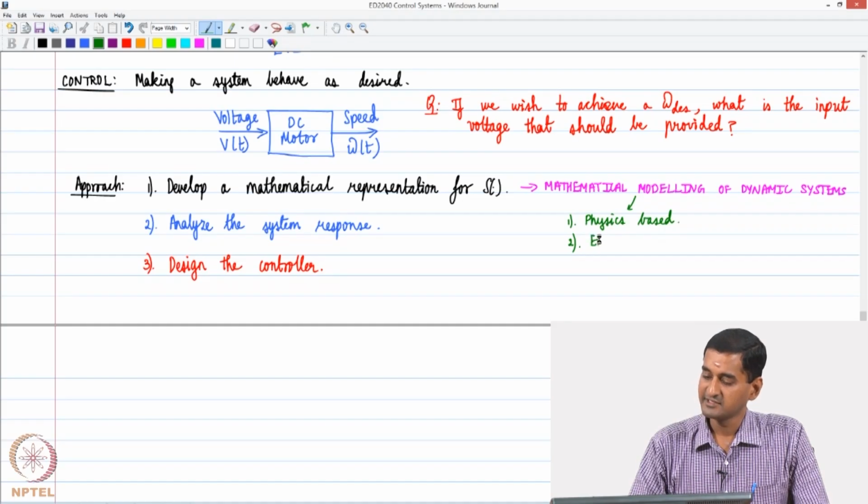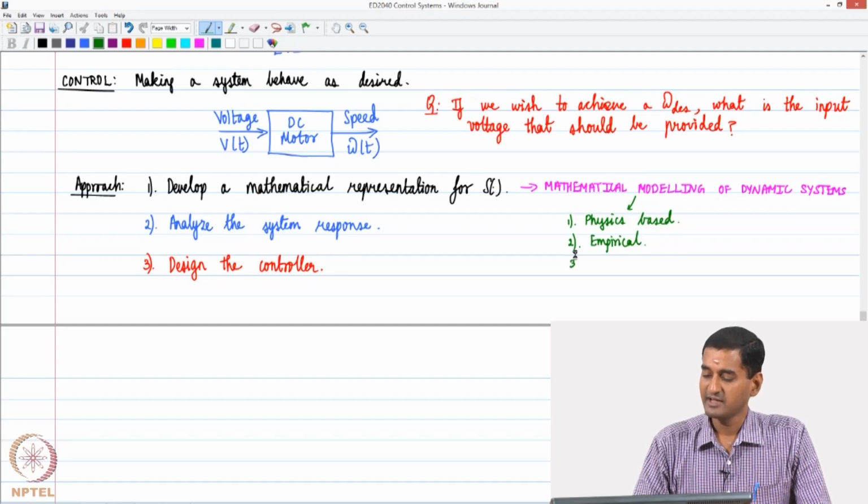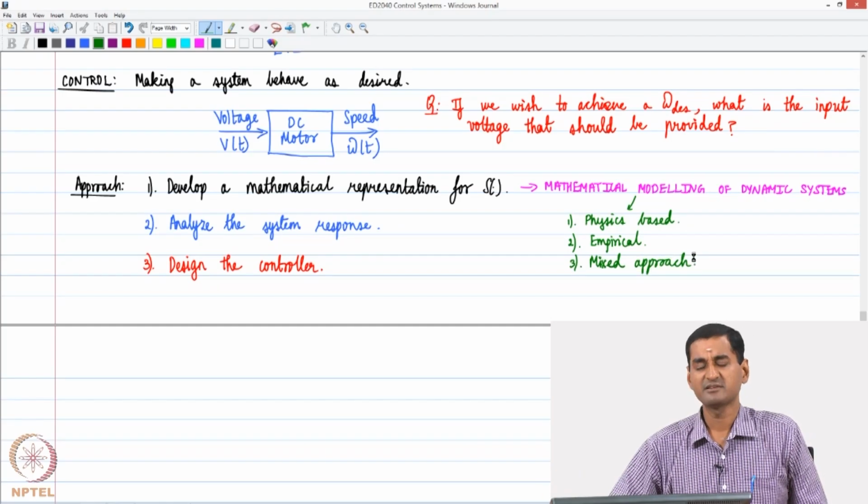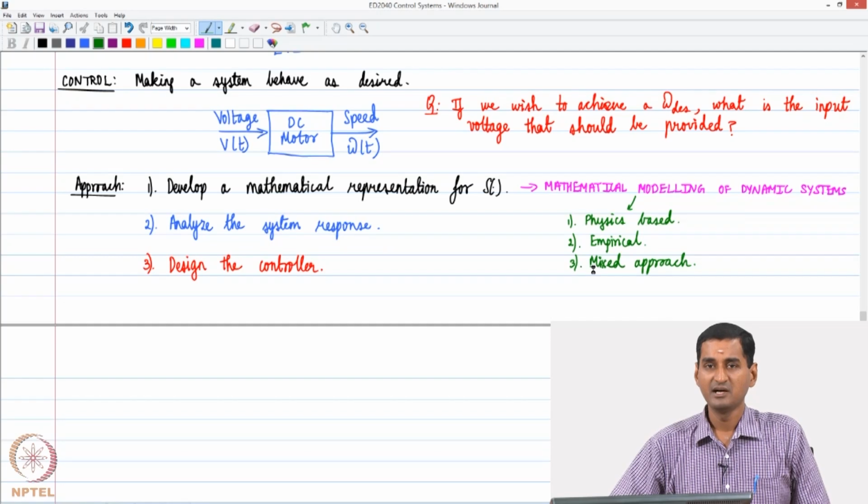We can have a data driven or an empirical approach. Sometimes we can have a mix of both, to model the dynamic systems. Of course there are various categories of models. We will also see which class of models we are going to look at.